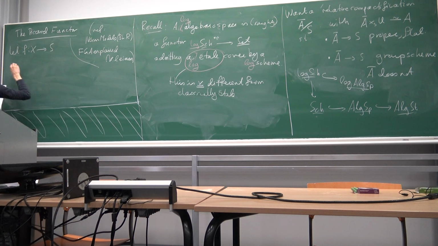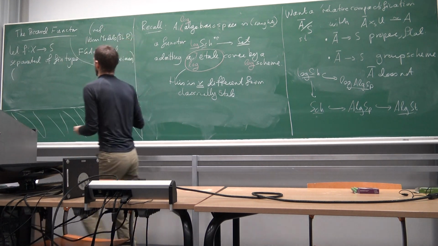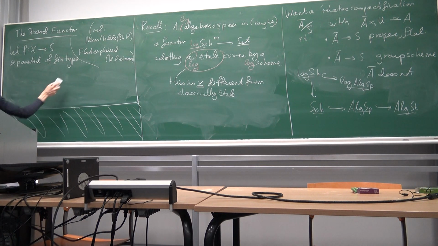So S is a scheme, and f from X to S is a separated morphism of finite type. But this is actually going to cause me trouble, because I'm going to switch about halfway through to the case of curves, and I'm going to forget to tell you, and then I'm going to confuse you.